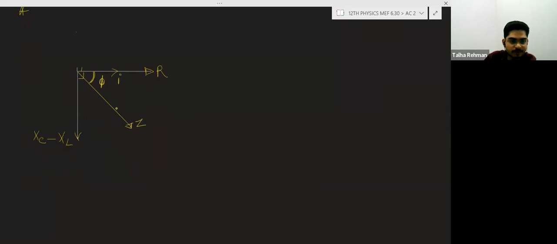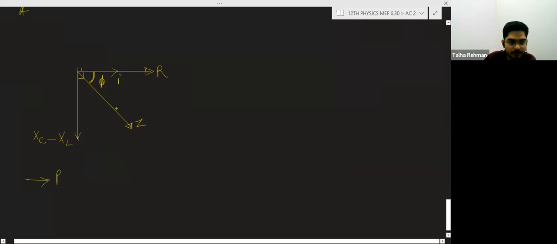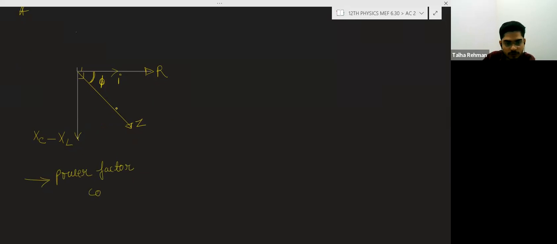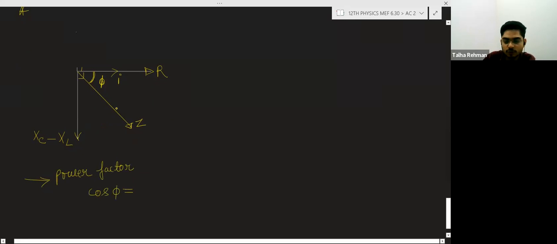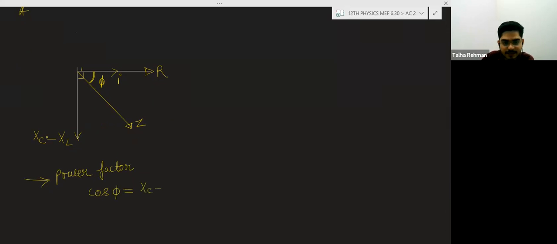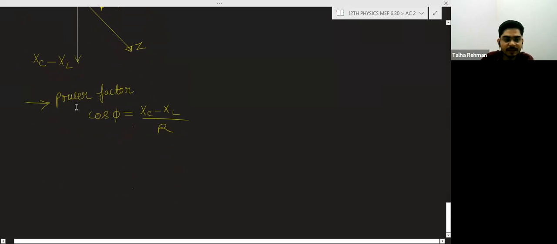So from here we can find first the power factor. That is cos phi is known as the power factor. Second thing you can find from here is tan phi.